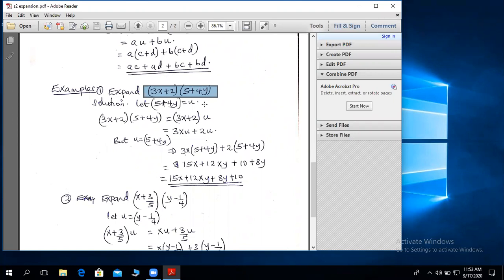For someone who does not want to use U, this person will just get 3x and multiply it by the whole bracket, which is 5 plus 4y, then plus 2, and multiply it by the whole bracket, which is 5 plus 4y.